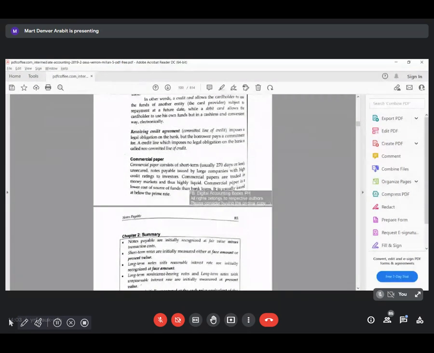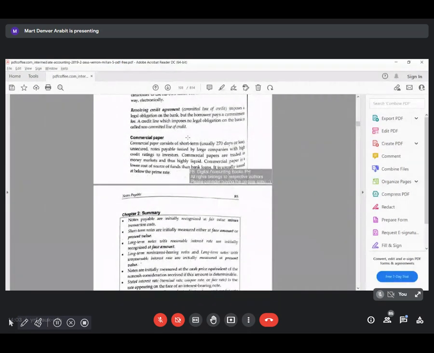Commercial paper. So, commercial paper consists of short-term, usually 270 days or less. So, actually, on the actual practice, it is considered to be a short-term liquid commercial paper if it can be convertible to cash within 90 days. Okay?